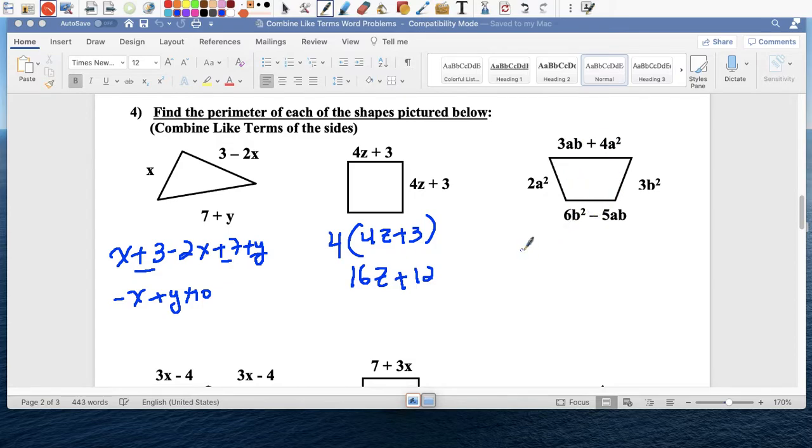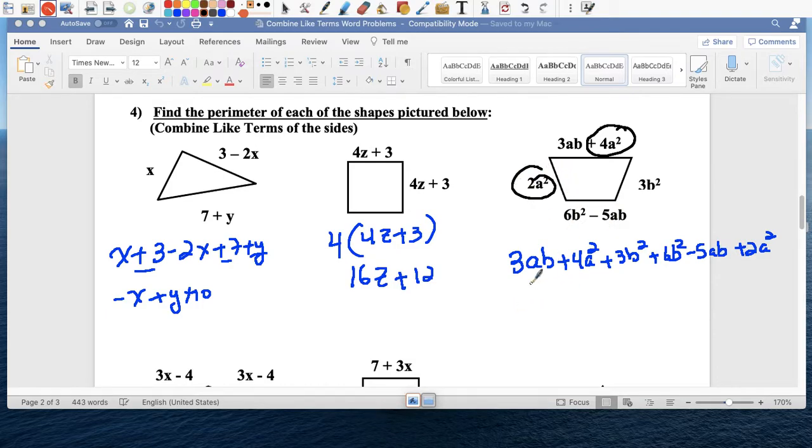Over here, we're combining like terms, and like I said, I apologize for the tediousness of this, but I want you to write all the terms. Plus 3b squared plus 6b squared minus 5ab plus 2a squared. Okay, so let's combine all the terms with the highest exponent, so I'm going to do it in order. So this goes first, and this.